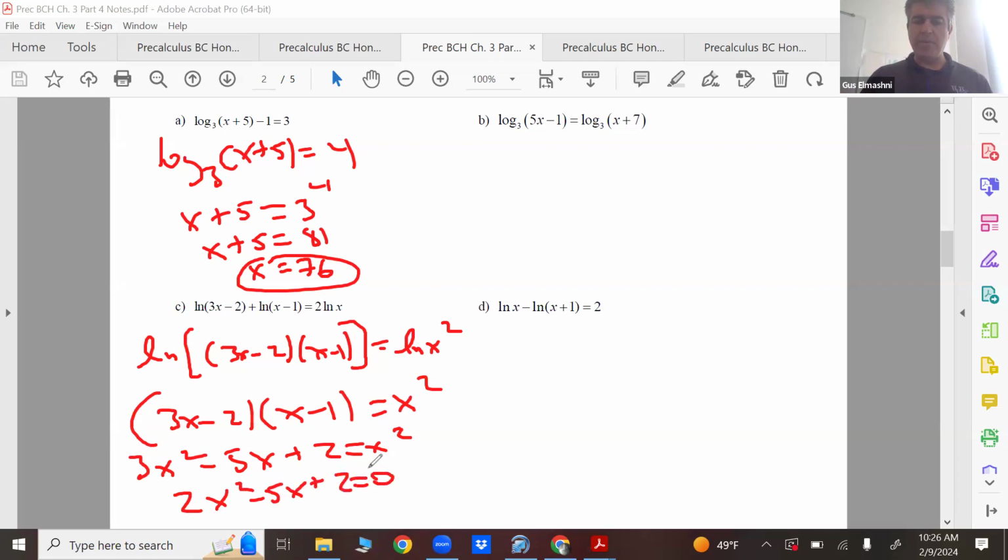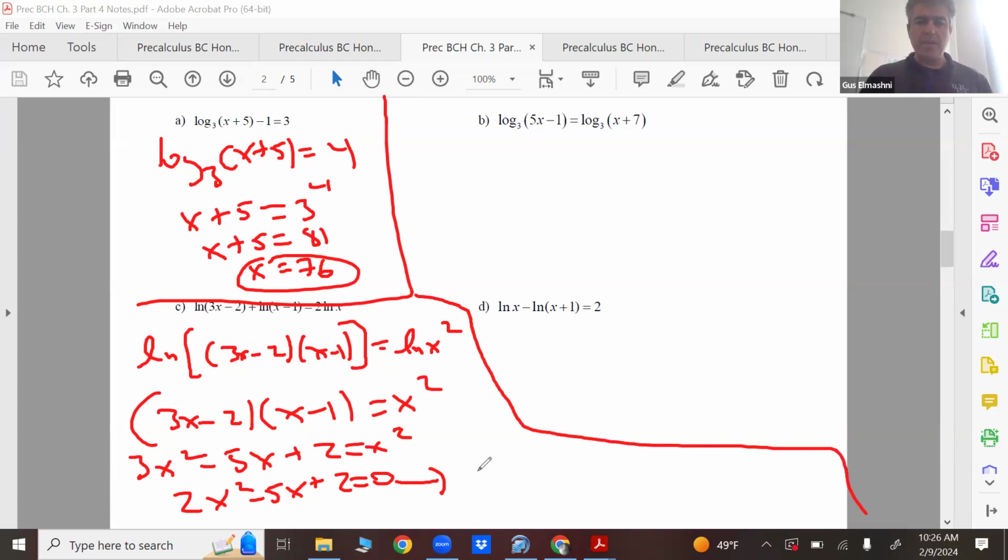And I think that's factorable. That's 2x, x, let me think here.